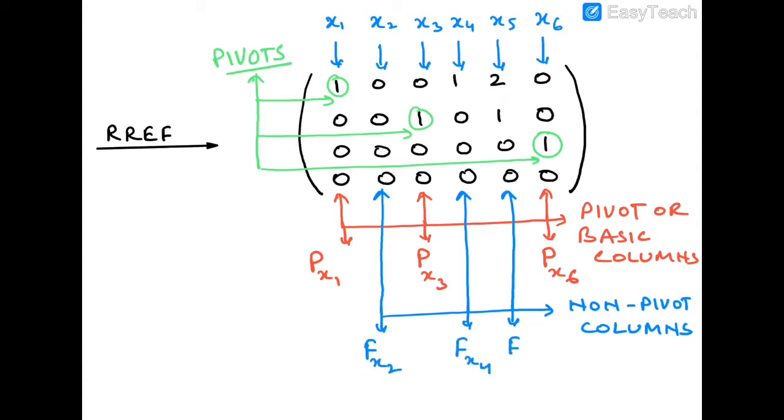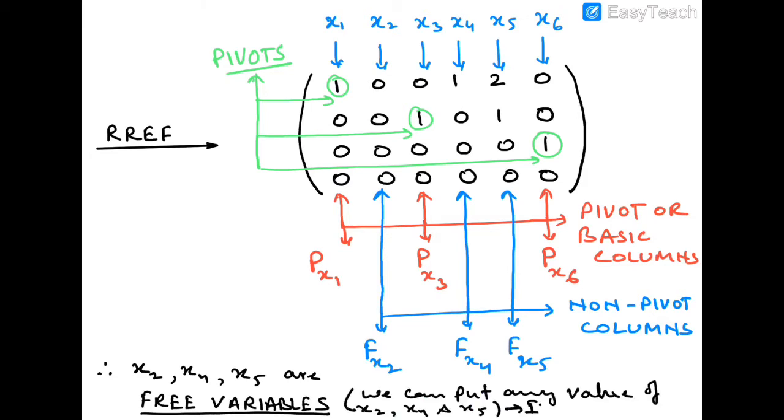Therefore, x2, x4, x5 are free variables and x1, x3, x6 are basic variables. So for free variables, we can put any value of x2, x4 and x5 to get infinite solutions.